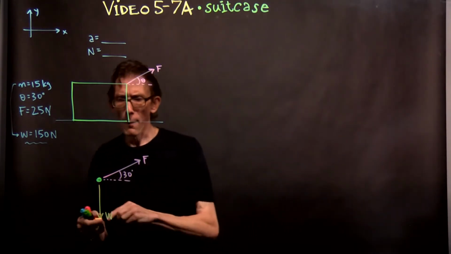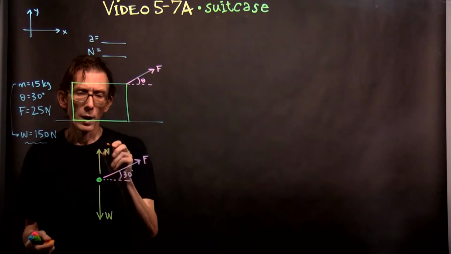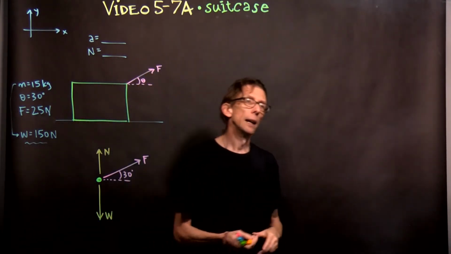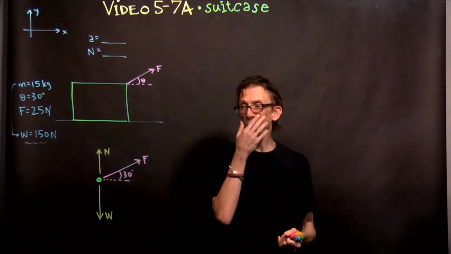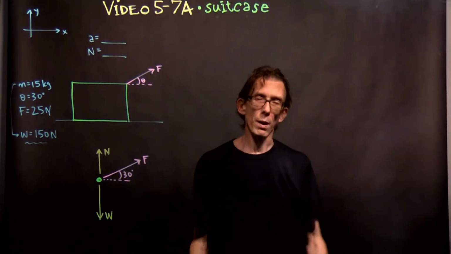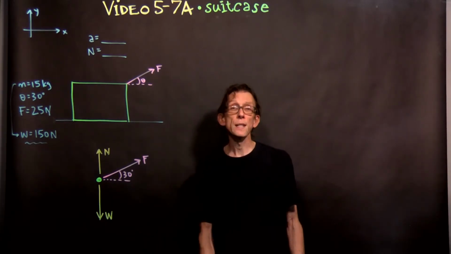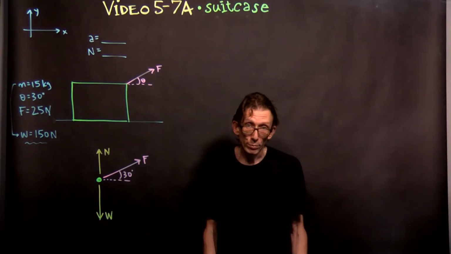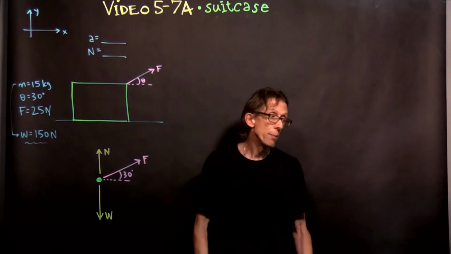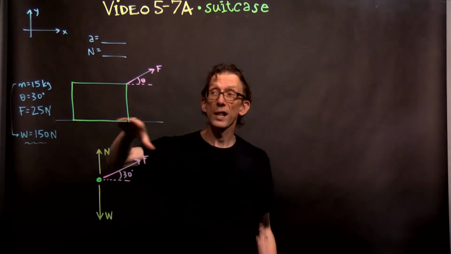Oh, by the way, I meant to mention to you before, let me go ahead and draw this here. The word normal in this context is not to be contrasted with weird, or oddball, or bizarre, okay? The word normal simply means perpendicular. It's a math word. Perpendicular to the surface, in this case the floor.